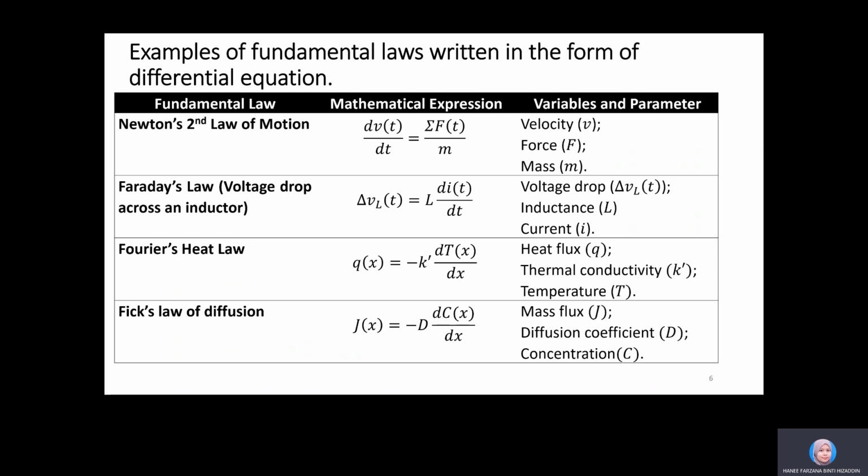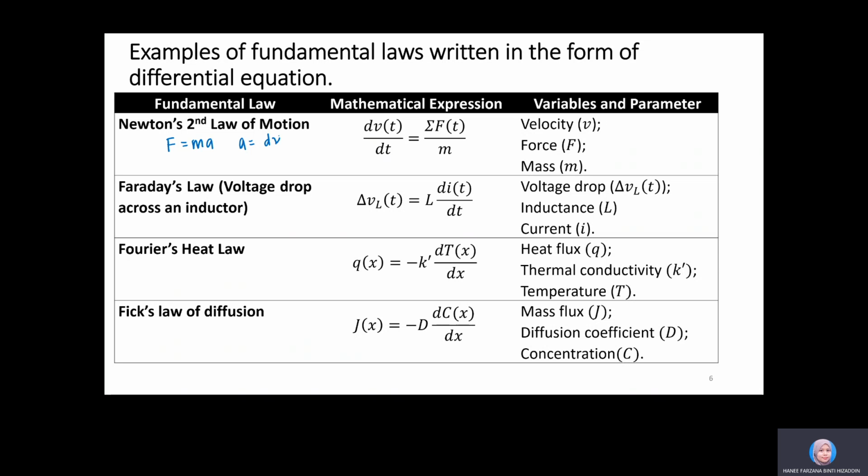For example, here you can see these are all taken from your notes. The first one is Newton's second law of motion, which you can write as F equals ma. You can write it in terms of this expression, because a is actually the change of velocity per unit time.